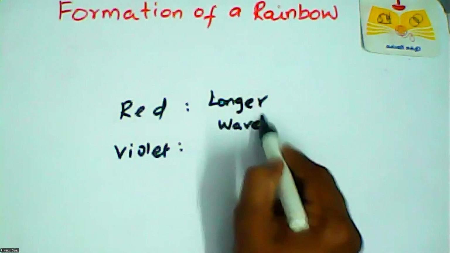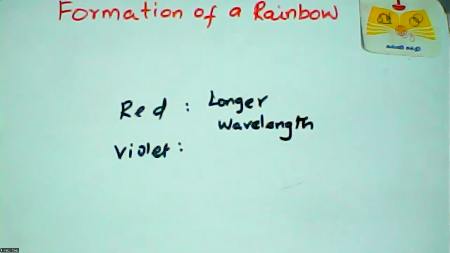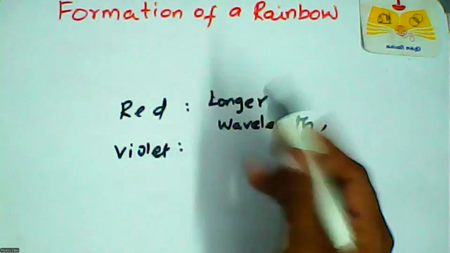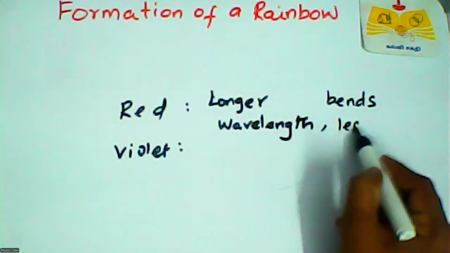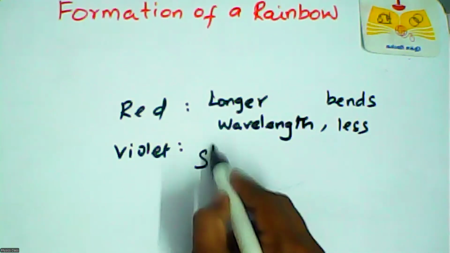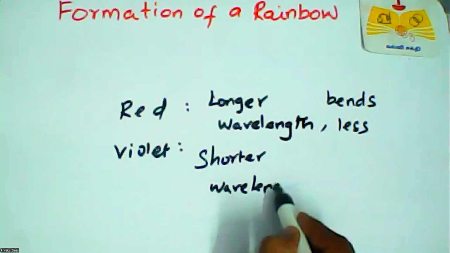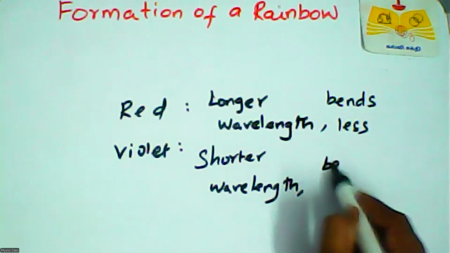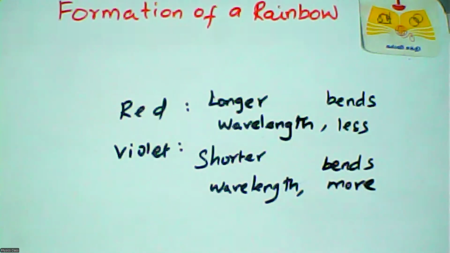That's why all the signals use a red light, and at the top of towers also there is a red light, because it has a longer wavelength and it bends less. Violet has a shorter wavelength, so it bends more. Clear with that?